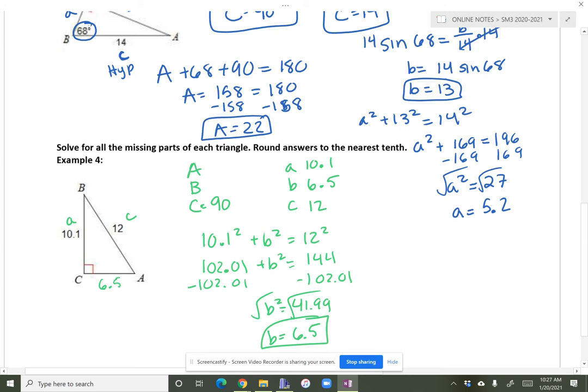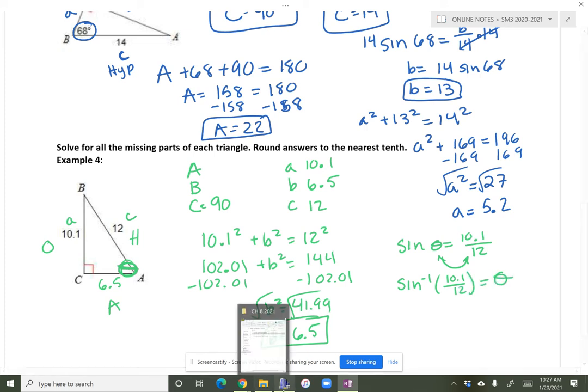It doesn't matter which one, but just know that that angle becomes your theta. So if I'm going to solve for angle A, this is my theta. And now I've got opposite and hypotenuse and adjacent, but I'm going to use the ones that they give me. So I'm going to say sine of theta equals 10.1 over 12, opposite over hypotenuse. But I'm going to switch these and say the inverse sine equals theta.